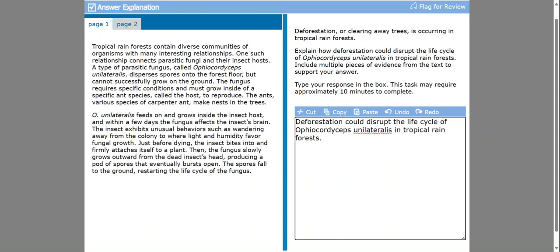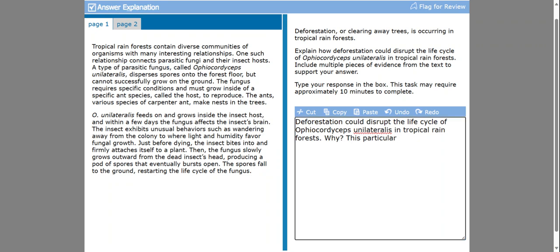And so now I could go into clearing away trees. Here it says deforestation or clearing away trees is occurring in tropical rainforests. And I could say something like, here it says the ants, various species of carpenter ant, make nests in the trees. So I can say something like, and I might ask a question, that's allowed. Why? This particular type of parasitic fungus.